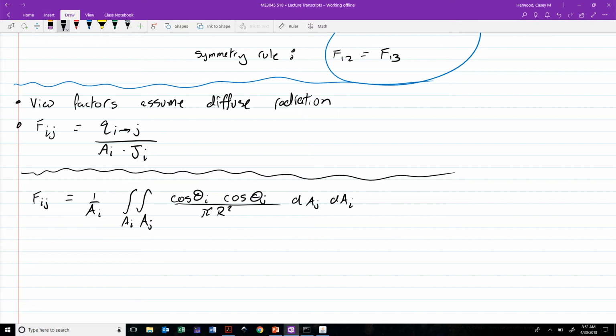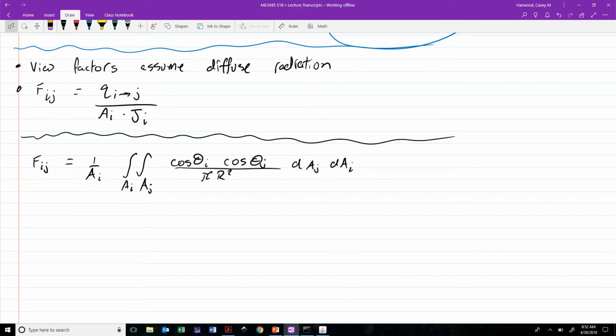We ended up with these cosines of the visible ray from one to the other with respect to each of their surface normals, etc. And in the end, we said, well, we can solve it more easily using this idea of a view factor. We haven't actually gotten around to evaluating this integral. It's just that somebody's already done it for us.